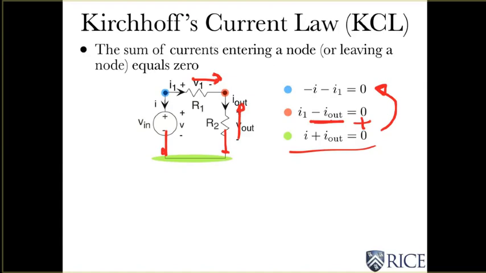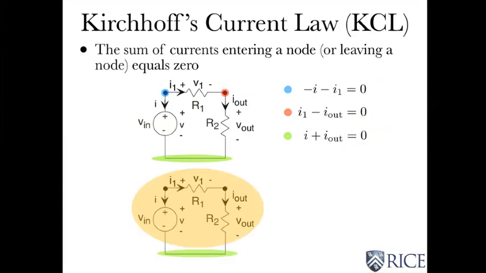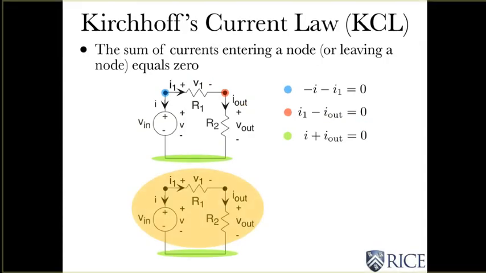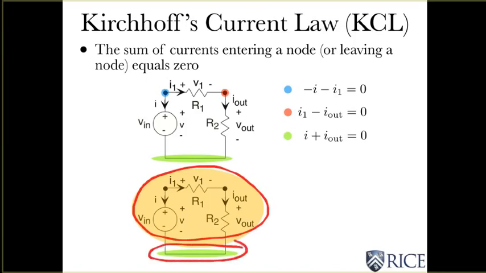So what's going on? It's a detail about KCL and the construction of every circuit. If you think about this circuit in 2 pieces, we have the big yellowish area here, and then our green node at the bottom.